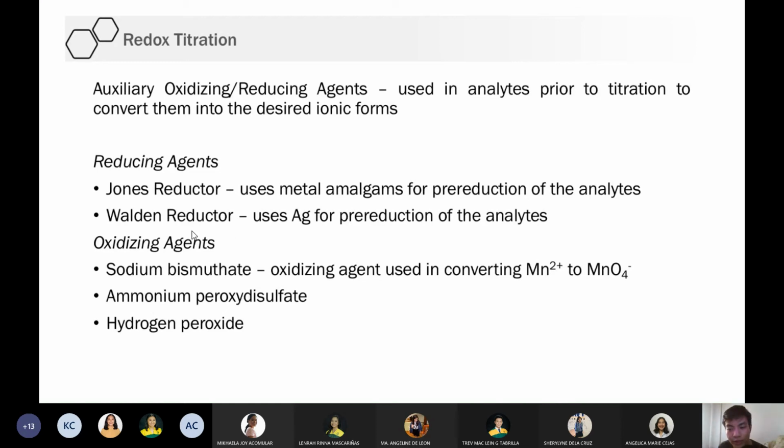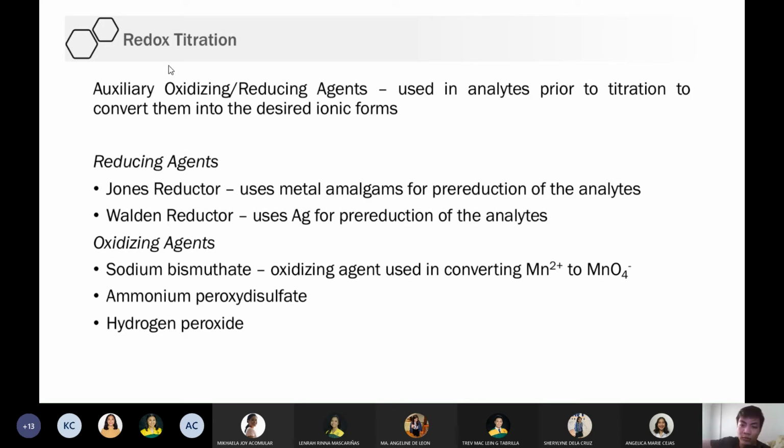Ito yung something unique with redox titration. Kasi 'di ba pag acid-base titration, makagawa ka lang ng solution, pwede ka na, diretso ka na mag-titrate, no? But for redox titration, hindi pwedeng dire-direkta. Why? Kasi if your analyte solution is exposed in the air, pwede mag-redox yun.